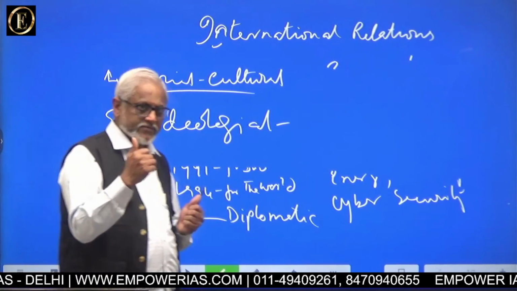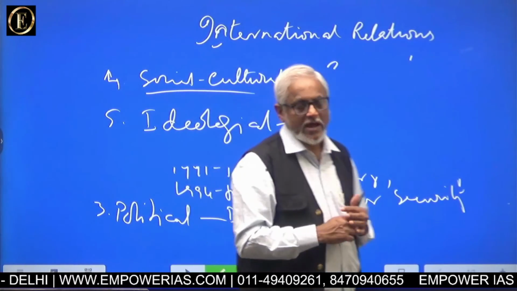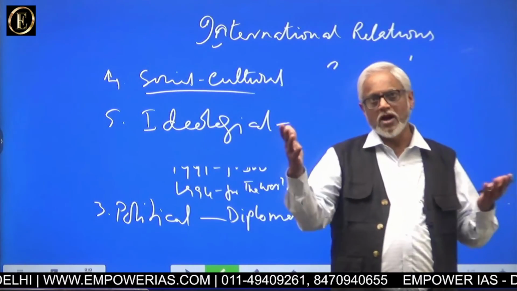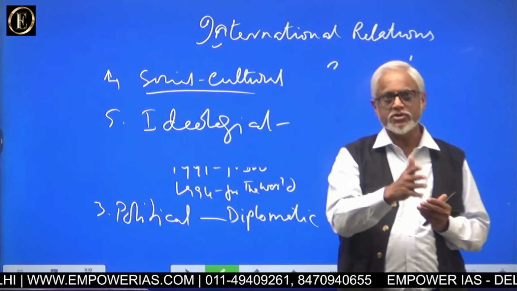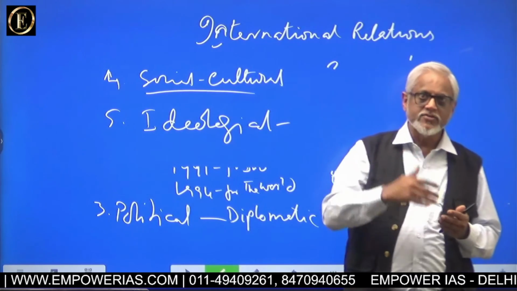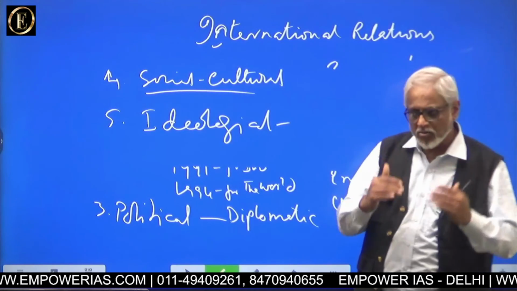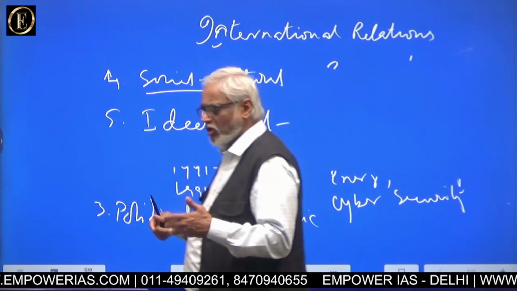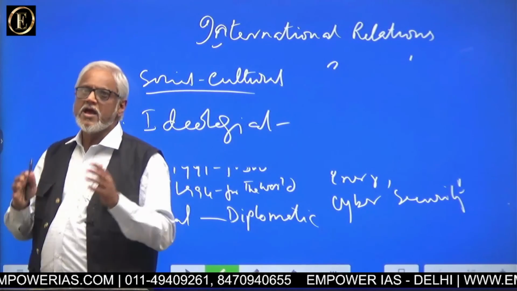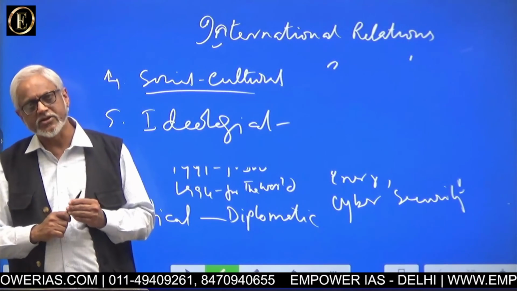These can be divided, like the world was divided for a long time between socialist and capitalist, and now it is divided between West and non-West, or global South and global North. Various kinds of ideological considerations are there, and based on them also relationships develop.